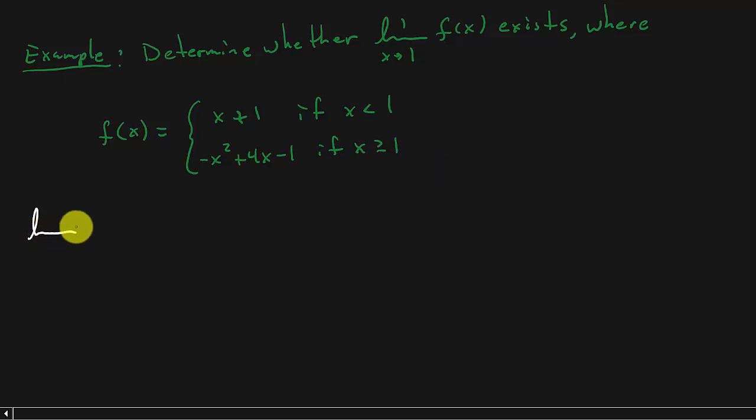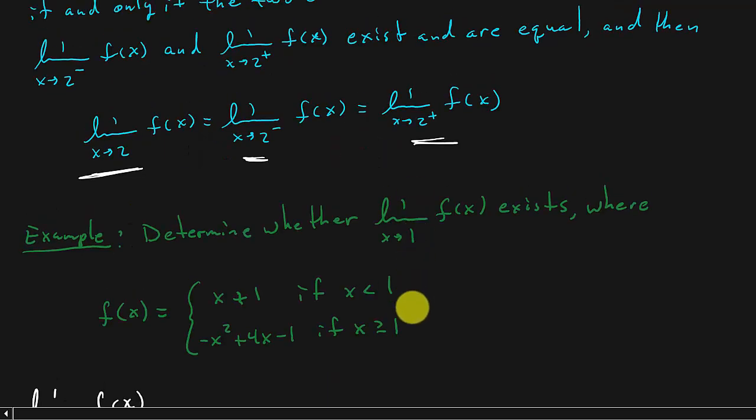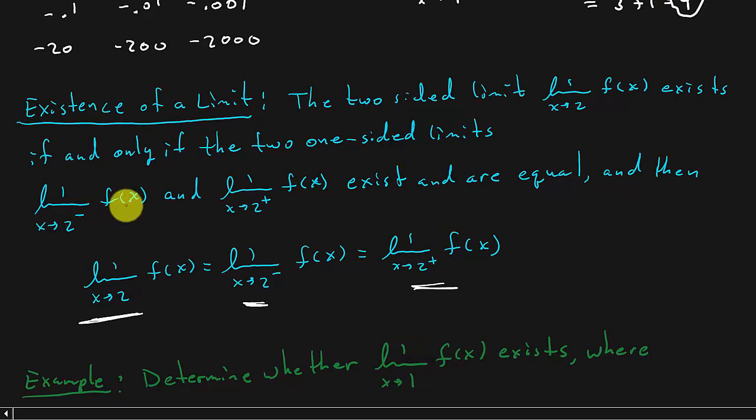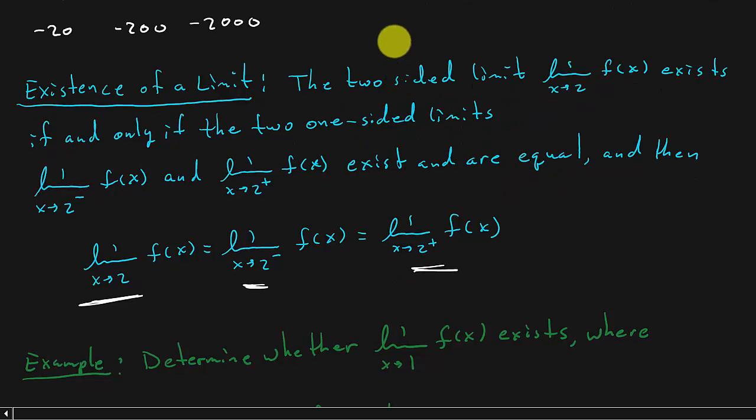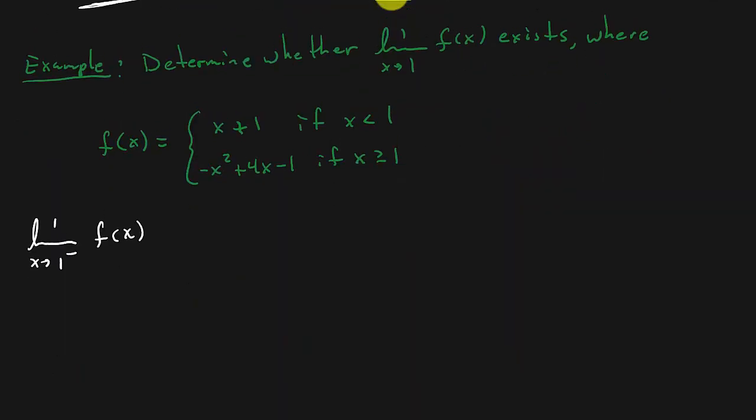Because remember what this said: the limit of f of x from the left and from the right have to exist and be the same in order for this limit here to exist.